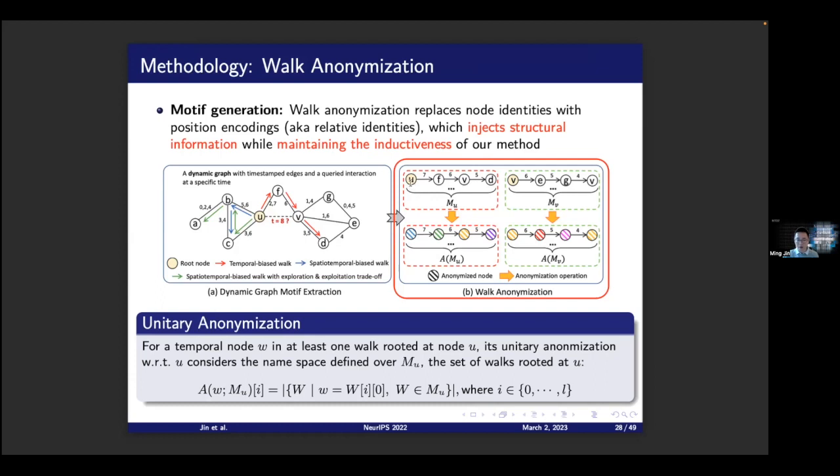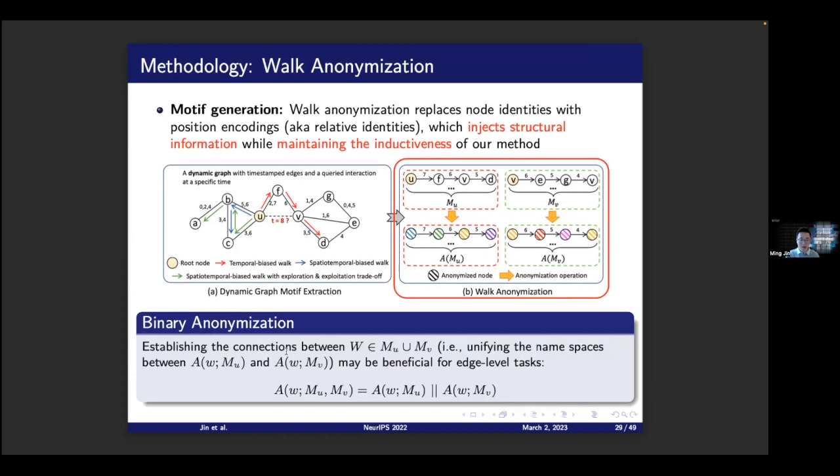If I take node F, for example, the positional encoding is going to be 0, 1, 0, 0, because F appeared here, right? But if I have another exactly the same walk here, the positional encoding of F is going to be 0, 2, 0, 0. So the unitary anonymization has a tight connection with the strategy I mentioned before.